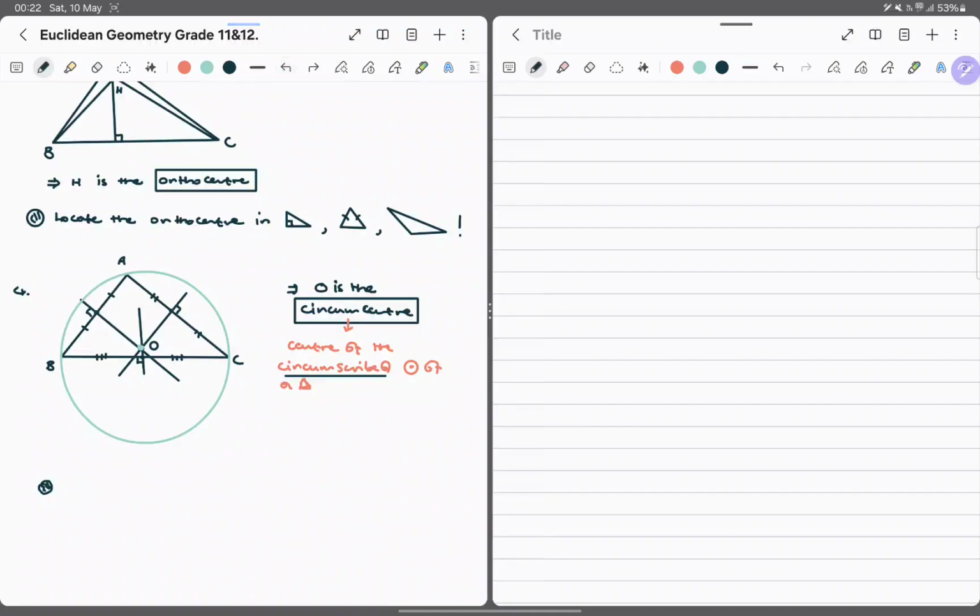Let me write like a, locate the circumcenter in a right-angled triangle. We don't care what type. Is it scalene or isosceles? No matter.